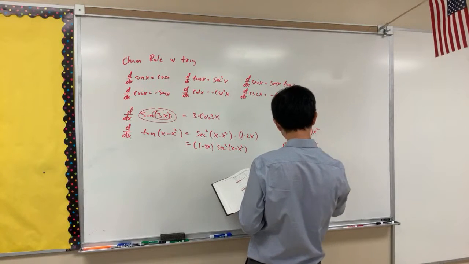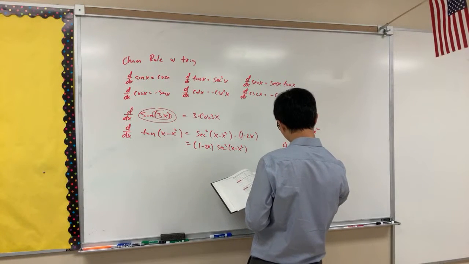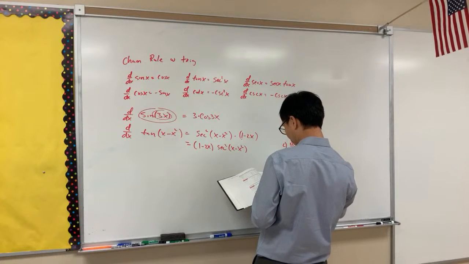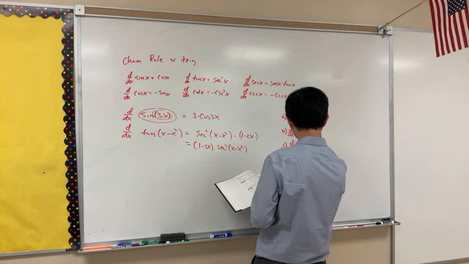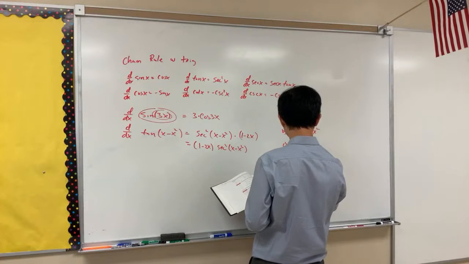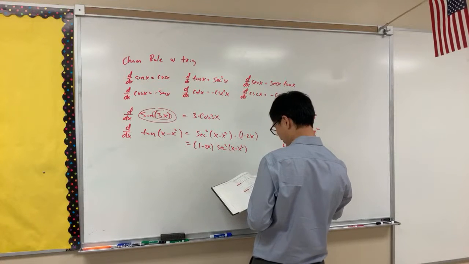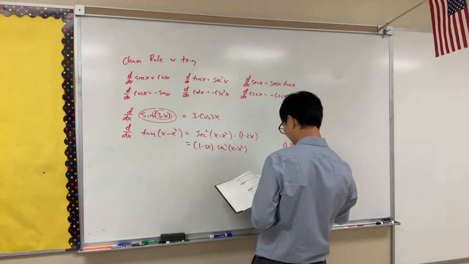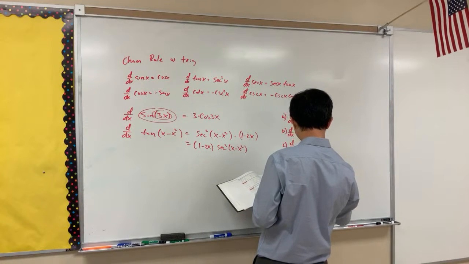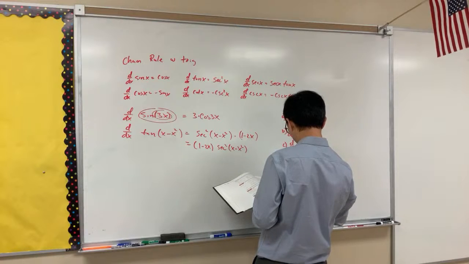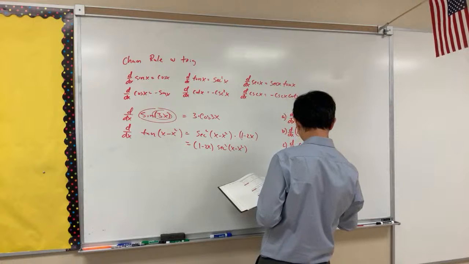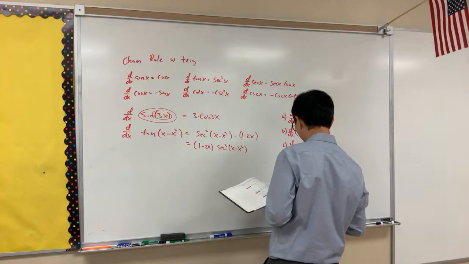They look very similar to each other. D is cosine squared of x, d/dx. E is going to be d/dx of square root of cosine of x. And then F will be d/dx of cosine of square root of 2x.